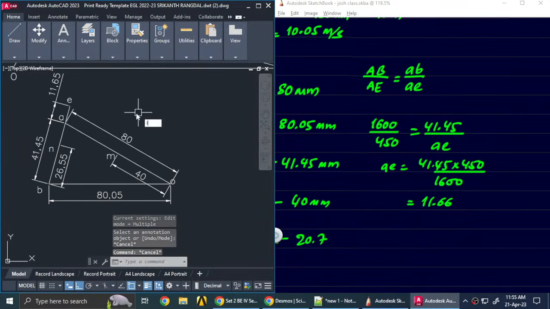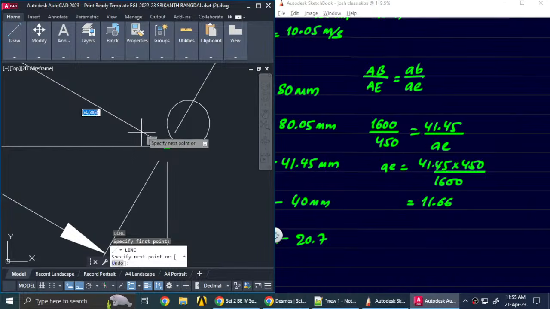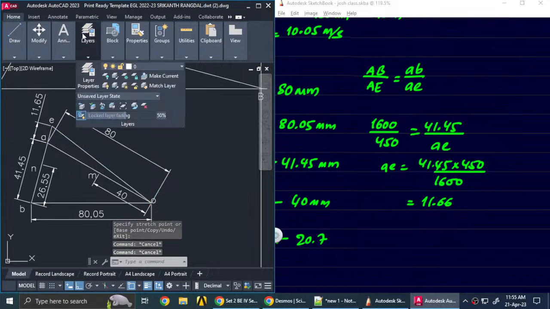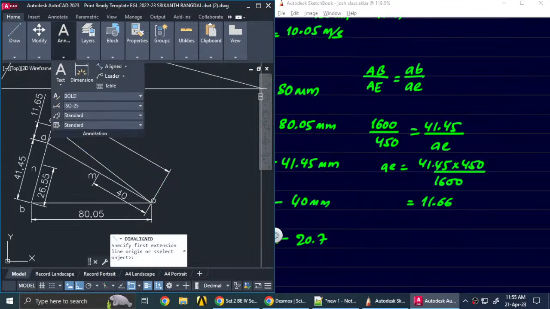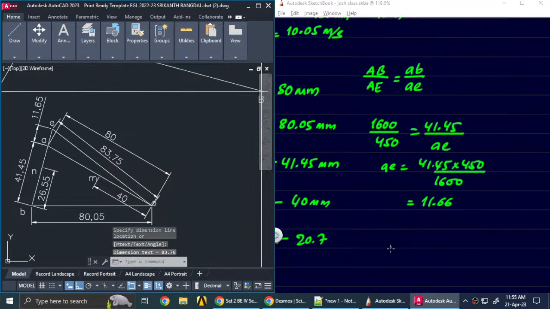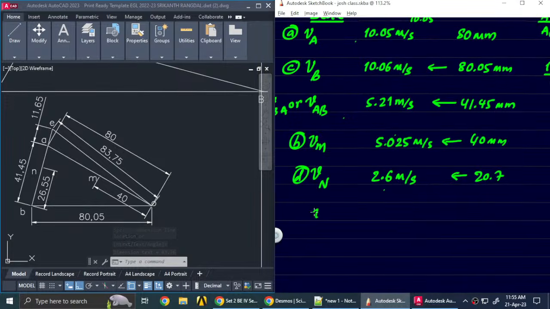Okay, and we want the absolute velocity of E, so we need to join that with this point over here. Okay, so now we need to measure this distance. When we want to find the velocity of E, we're getting the measurement as 83.75.